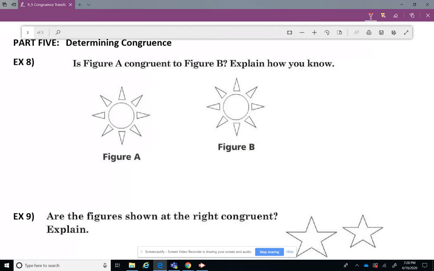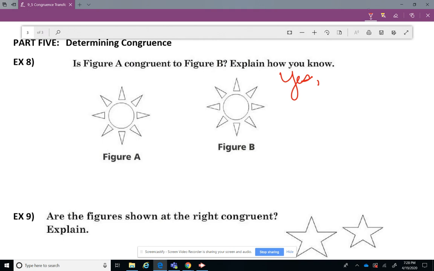Is figure A congruent to figure B? And explain how you know. Well, you're looking at it, you're like, yes, of course it is. So figure A can be mapped onto figure B with a sequence of reflections or a simple translation.